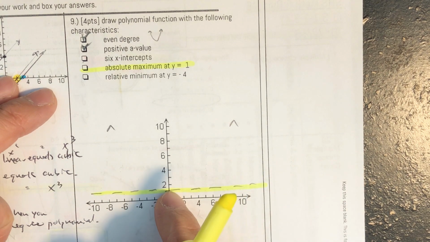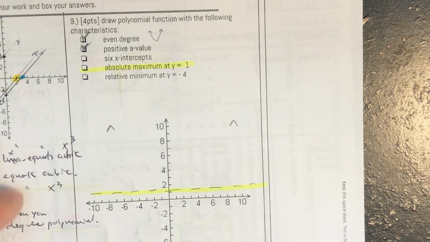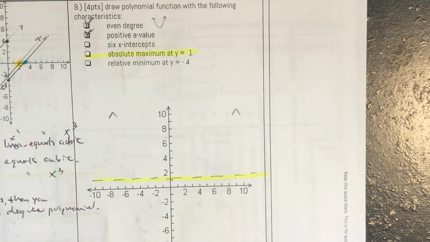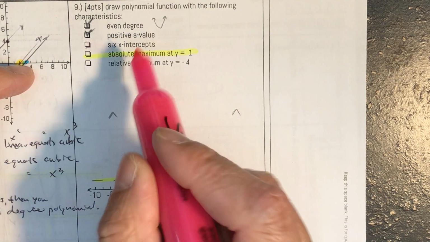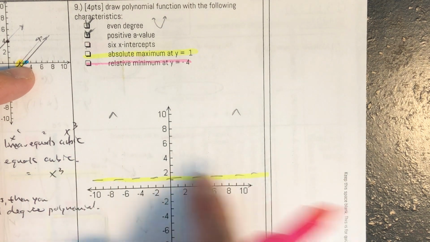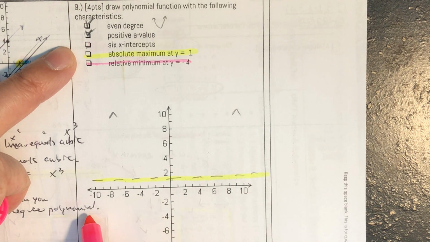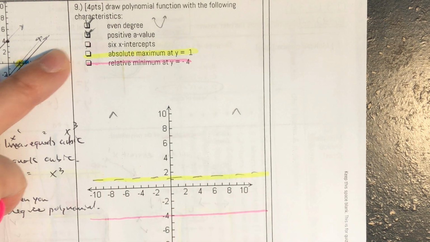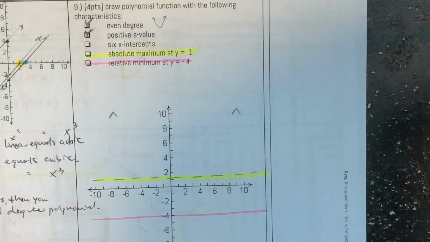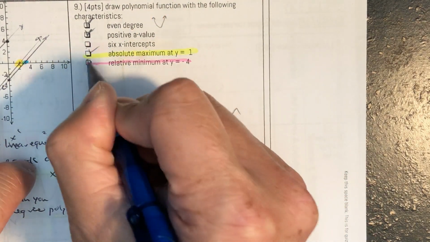That's the yellow line, right? And then a relative minimum. So it's saying the graph could never go higher than this yellow line. And at -4 is some kind of minimum. Okay, so we drew those on the graph.